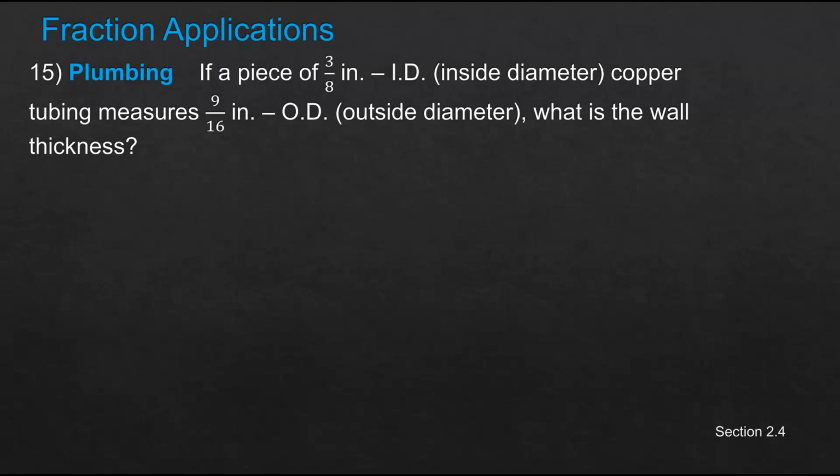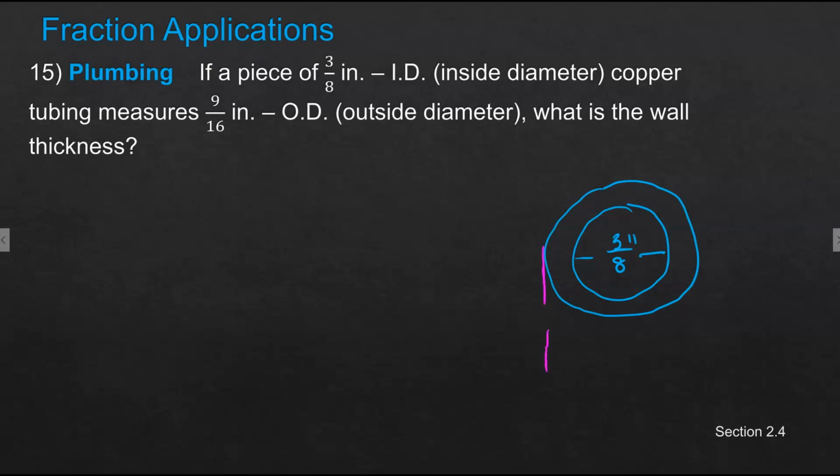And so, let me see, I'm going to just try to draw a couple of circles. They're not going to look that great, but we'll pretend. How's that? So here's my inside diameter of 3/8 of an inch. And then my outside diameter is 9/16 of an inch, right?